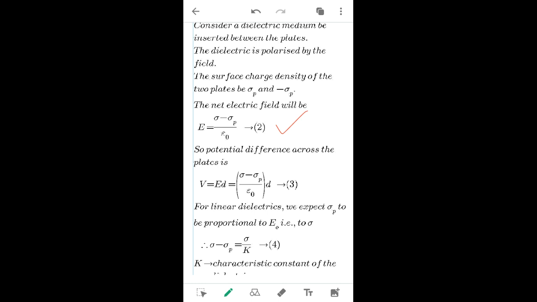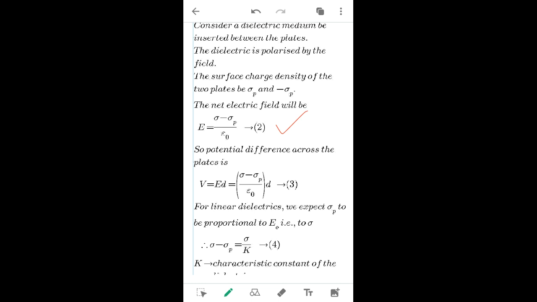The dielectric medium will be polarized, and the other surface will have the negative charge. So therefore we will have this equation. Consider this as equation number 2.